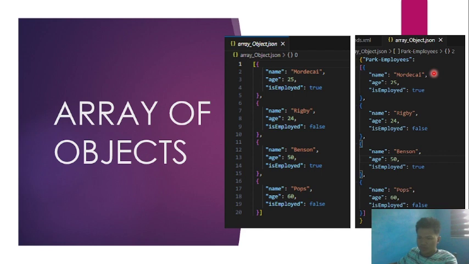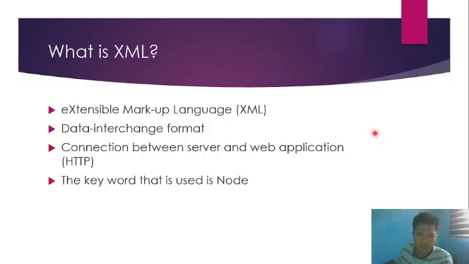So we have Mordecai, Rigby, Benson, and Pops. So the way how you do this array of objects is to get an array and give it some objects. Simple as that. And the way how you separate each object is by placing a comma. And after that, you simply give an object.